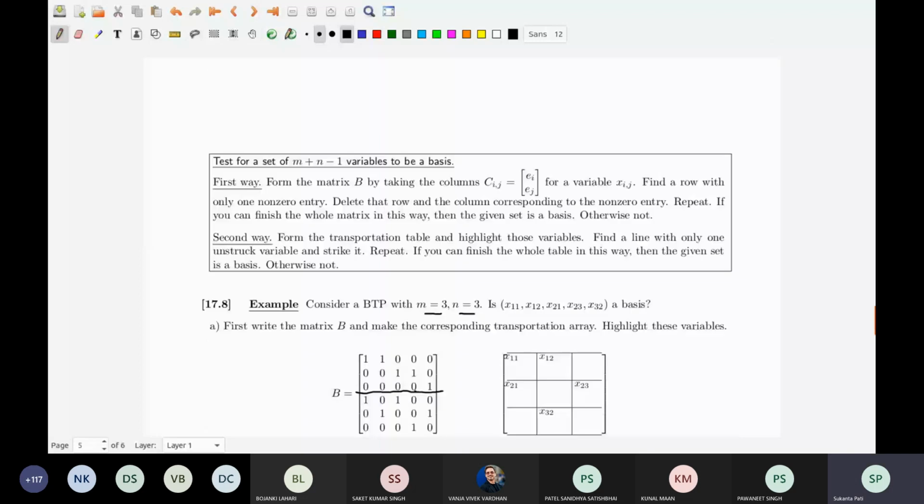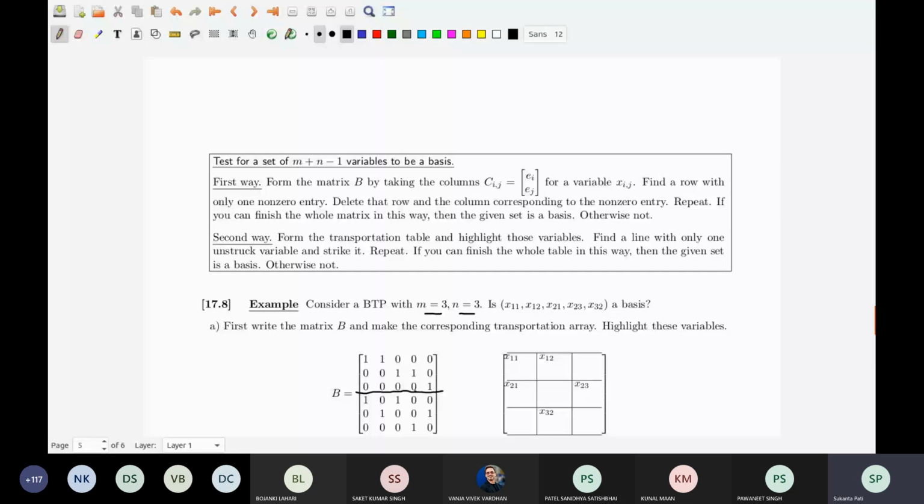If I give you a set of M plus N minus 1 variables and say test for a basis, either you go the transportation array way, find a line containing exactly one highlighted variable, and go on striking off. If you can complete it, then it is a basis. Or you go the matrix way given by the lower triangular basis theorem.